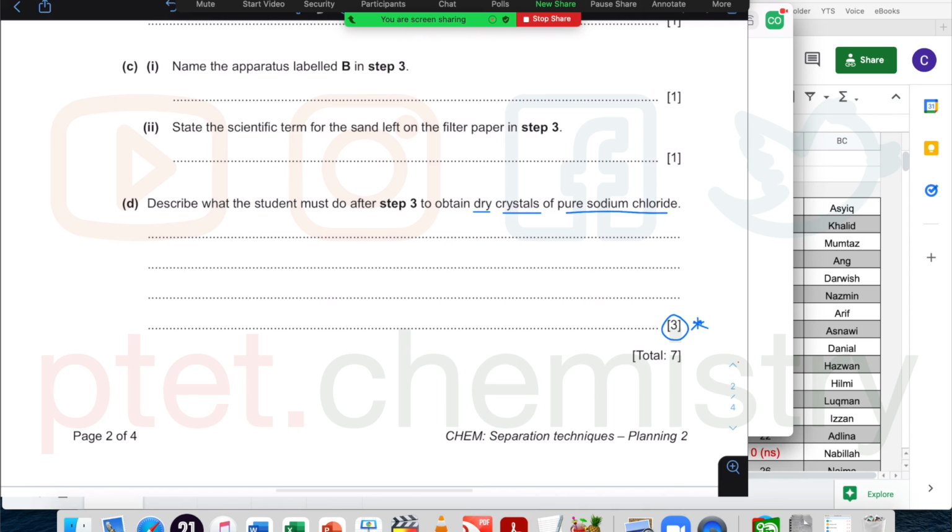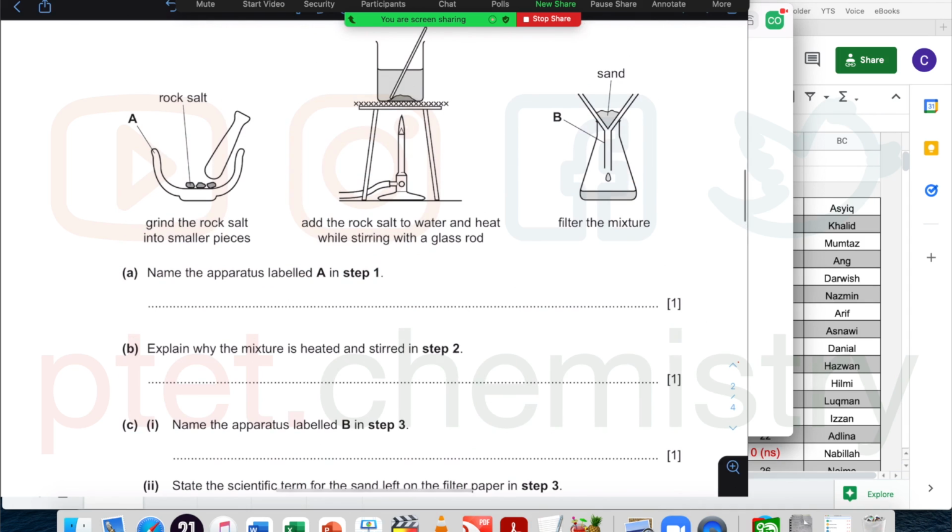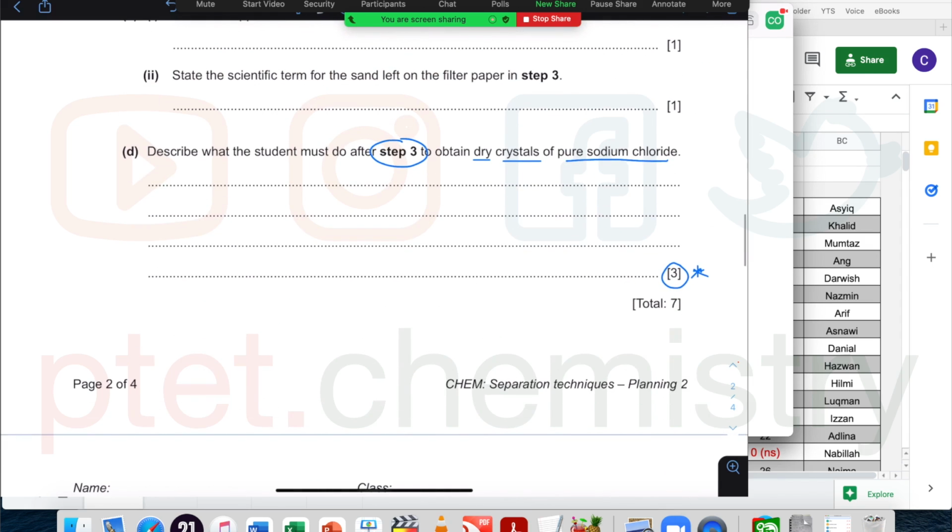To obtain crystals of pure sodium chloride after step 3, where I filter off the insoluble sand, my filtrate here is just aqueous NaCl. This is not pure because it still contains water. So you have to evaporate and concentrate the filtrate.